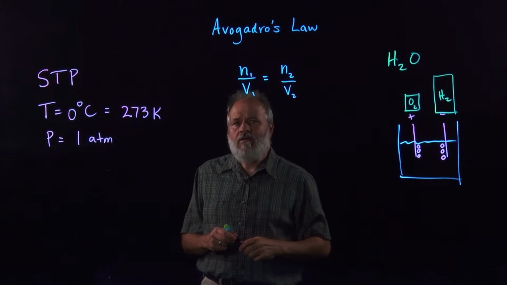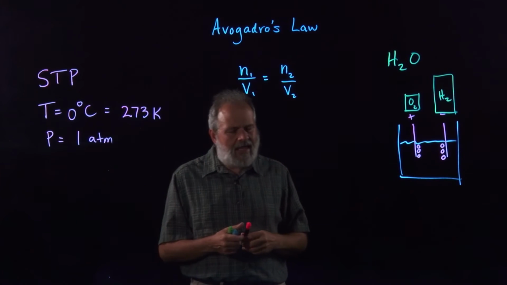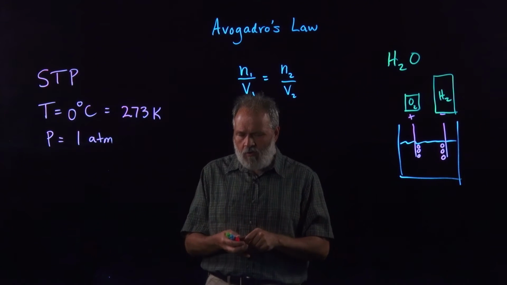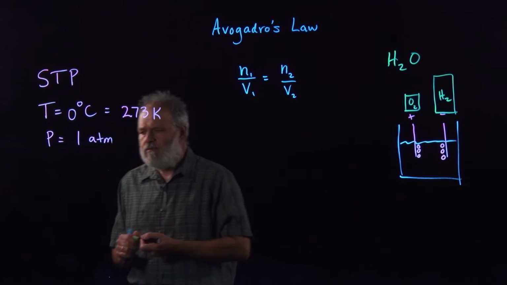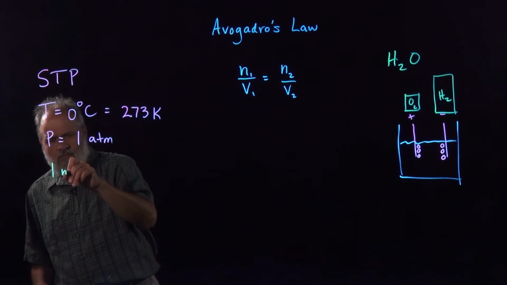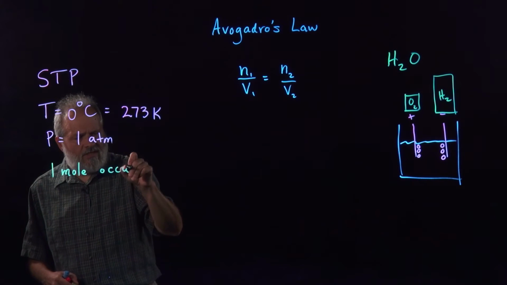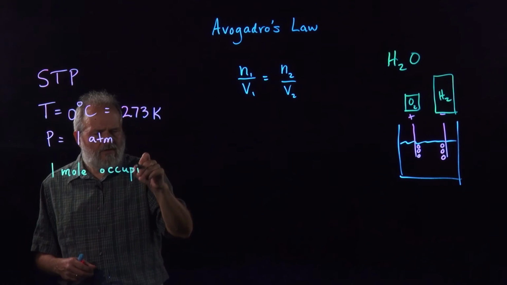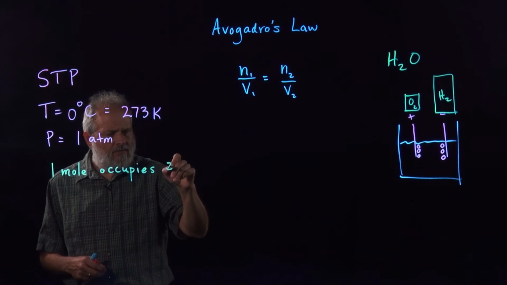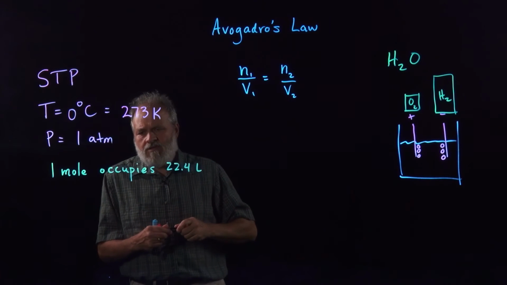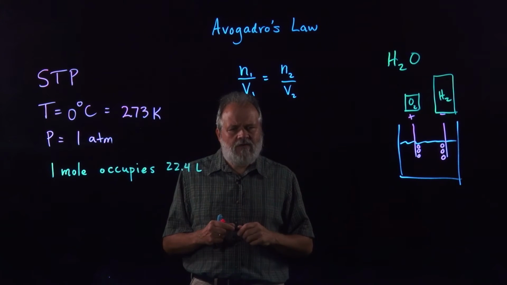All right, so it turns out that when you have a gas at standard temperature and pressure, 1 mole occupies 22.4 liters. All right, and so this naturally leads to a conversion factor.